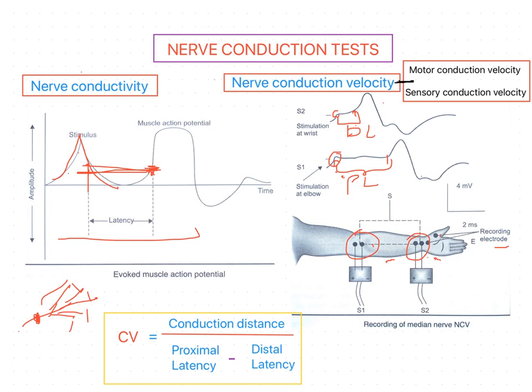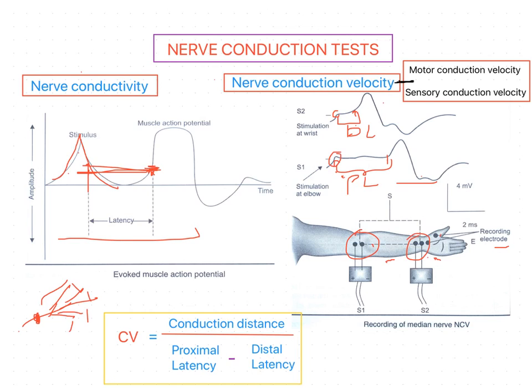The wave formed in the oscilloscope can be recorded through audio as well as visual aids. So this latency indicates the time taken by the impulse to cross the motor end plate and to provoke muscle contraction.